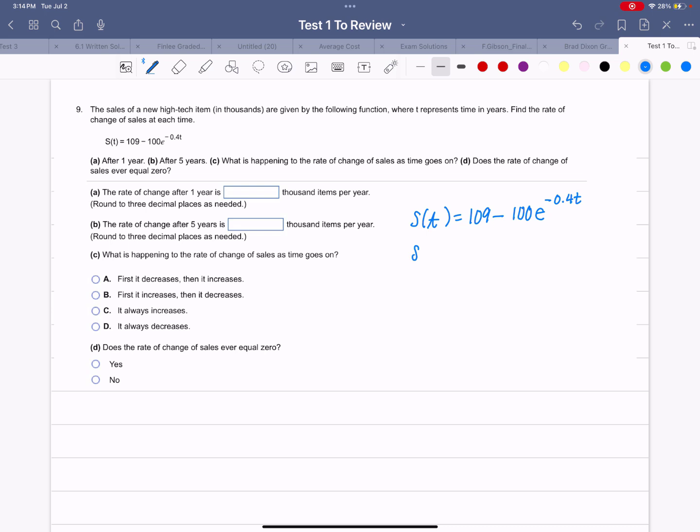So the derivative, or the change, right? The rate of change is negative 100. Look, that's going to be 0. That derivative is 0, right? Times negative 0.4, because that's the power, e to the negative 0.4t.